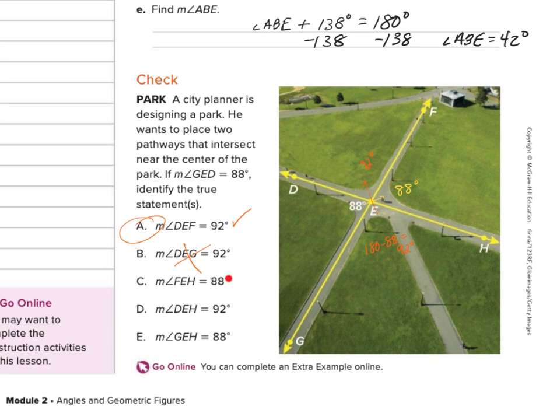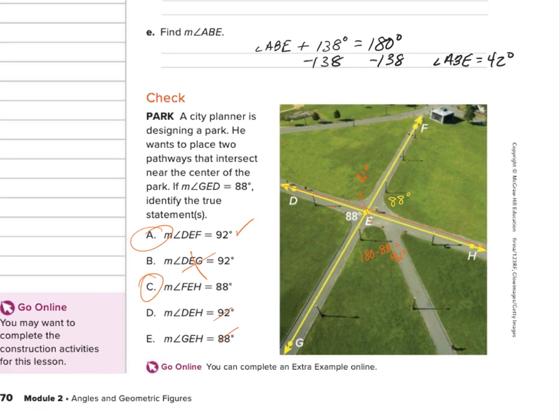FEH is 88 degrees. That's a true statement. DEH is a straight line, so that is not a true statement. And then GEH, we just said is 92, so that is also not a correct statement. So it looks like A and C are correct statements.